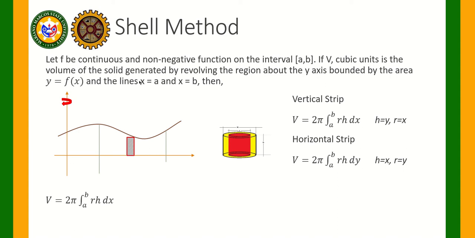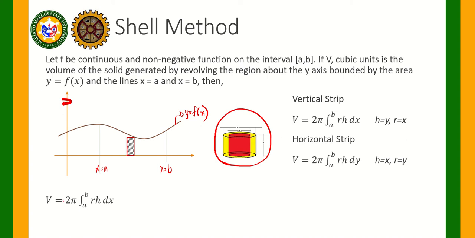So, this is our x equal to a and this is our x equal to b. Now, ito yung ating function. So, y is equal to f of x. So, if you're going to rotate this strip dito sa about y-axis, then ito yung mapo-form mo, which is a cylindrical figure.